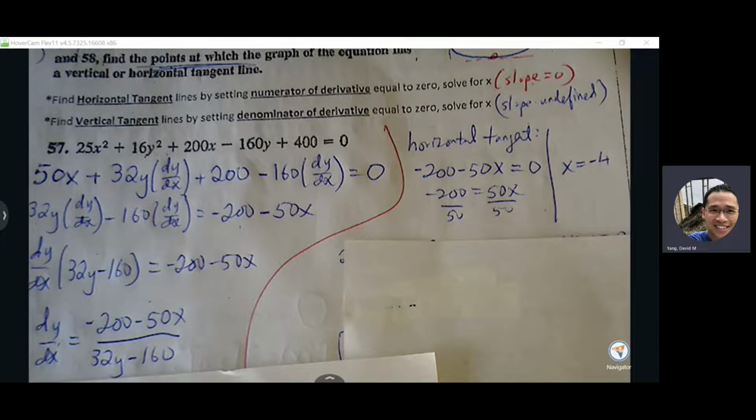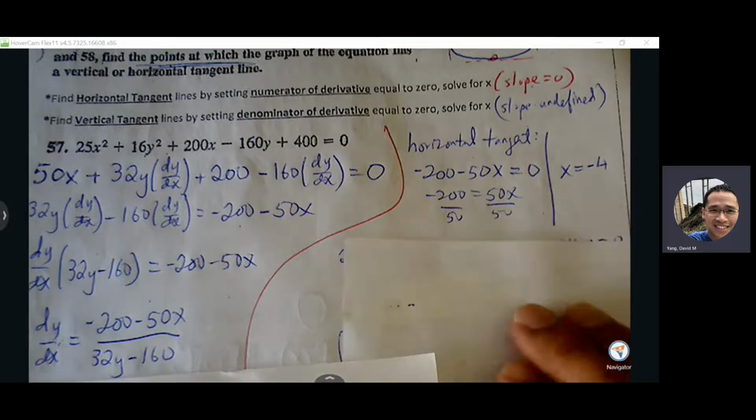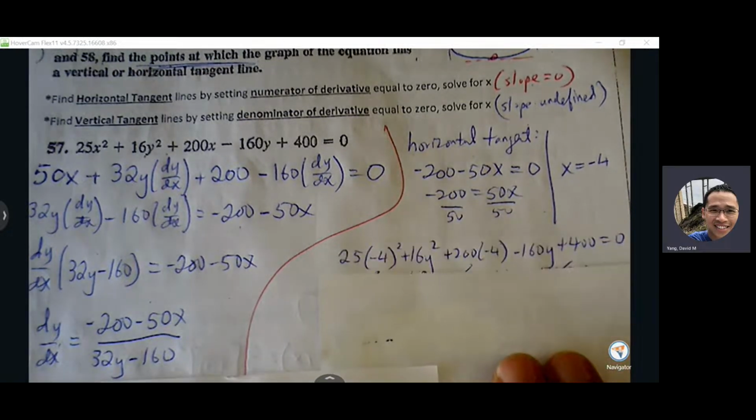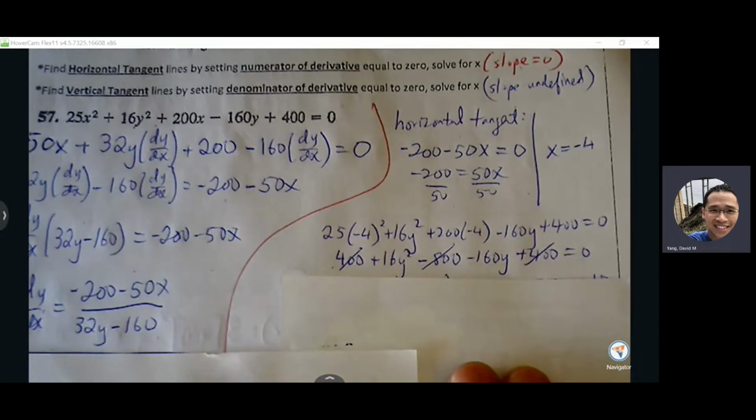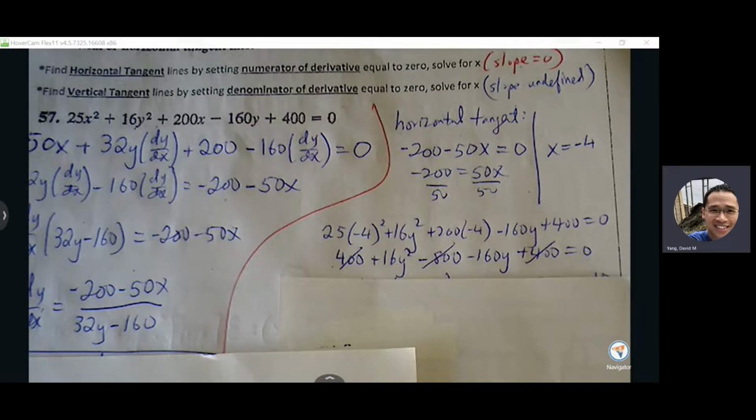So back into the original. Remember, the original equation is always going to help you find physical locations. Now that we've matched up the slope behavior we're looking for, we're going to turn around and find the location. So negative 4 in for x. You may need a calculator, but if you don't have it on you, you can just follow along and copy down what I have written in the calculations.